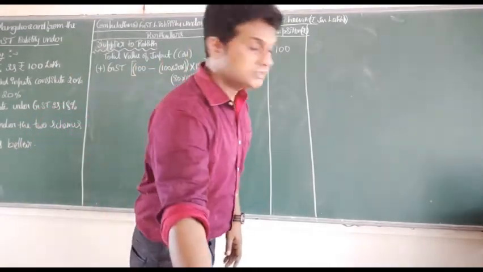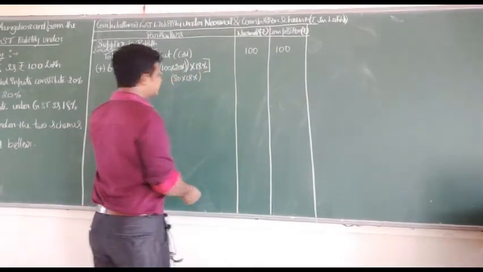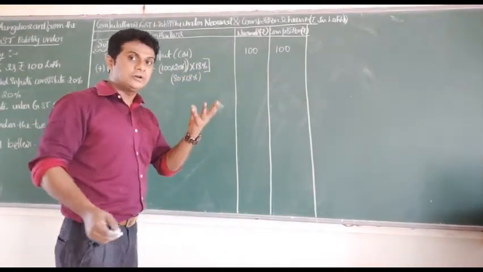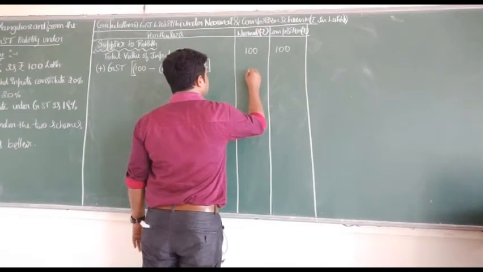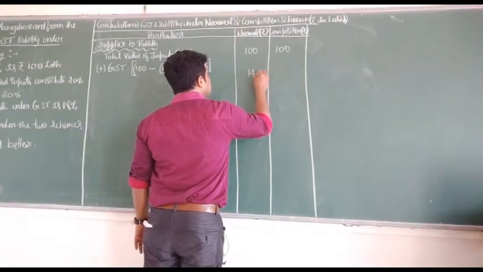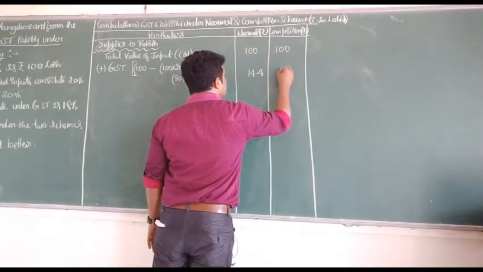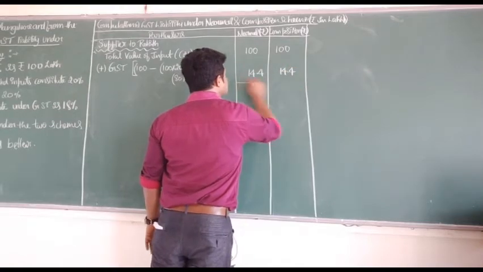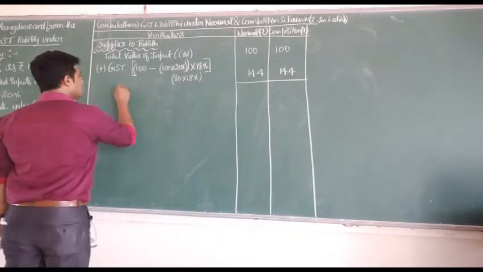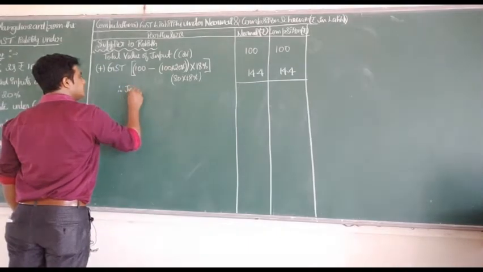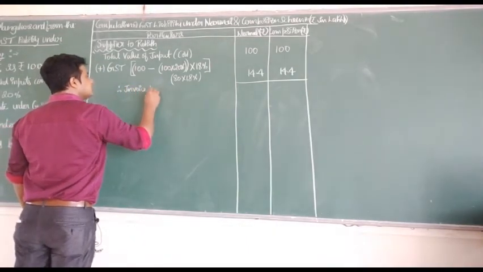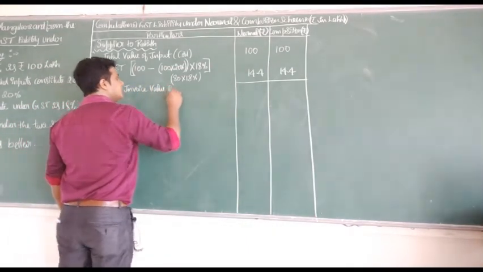So tax on the taxable amount, that is 80 lakhs, is 14.4 lakh, that I have to add. So I'll be writing that, 14.4. So this is equal to the invoice value of input.